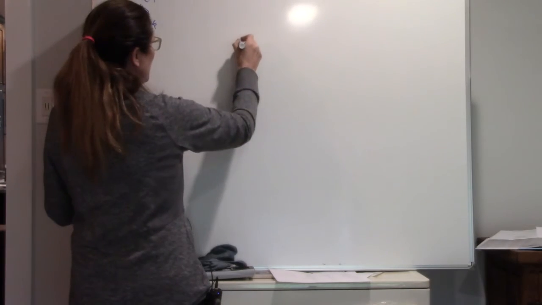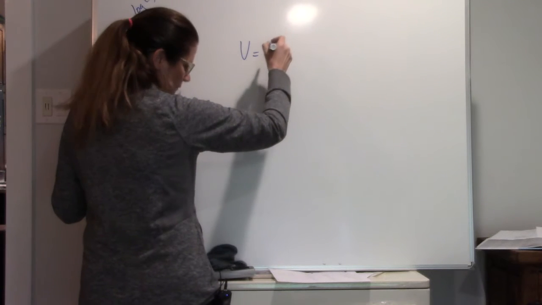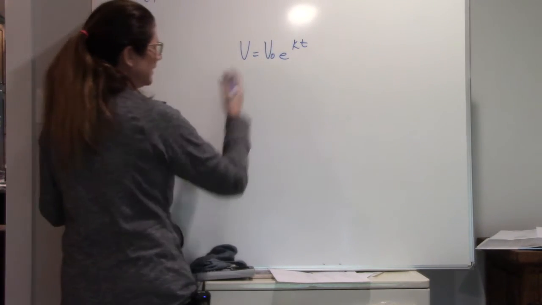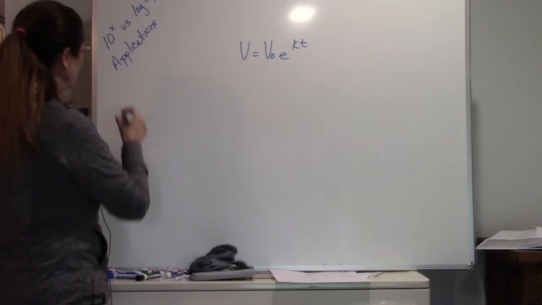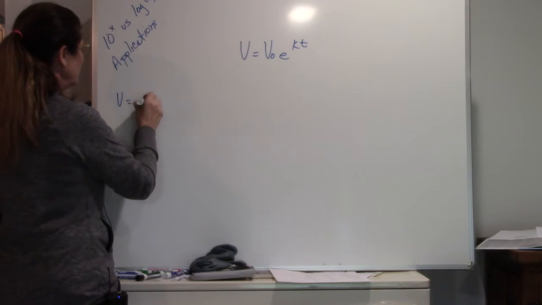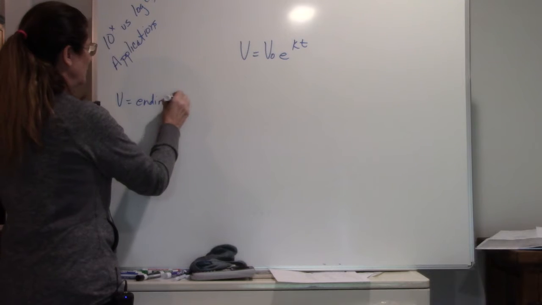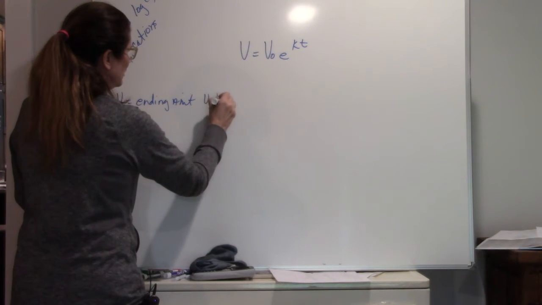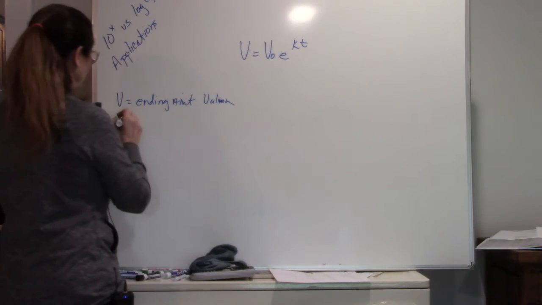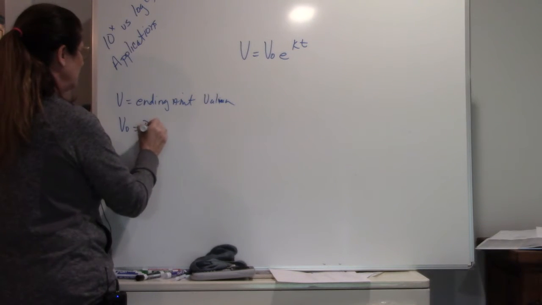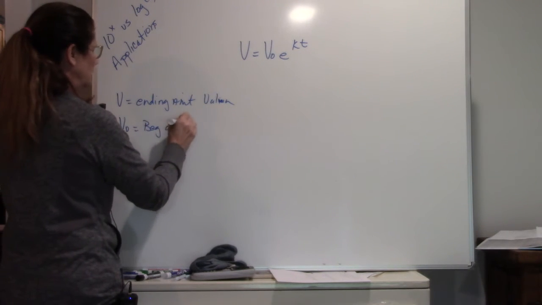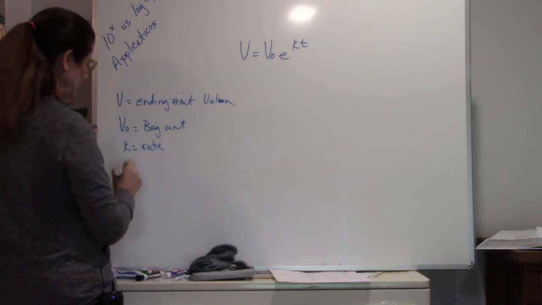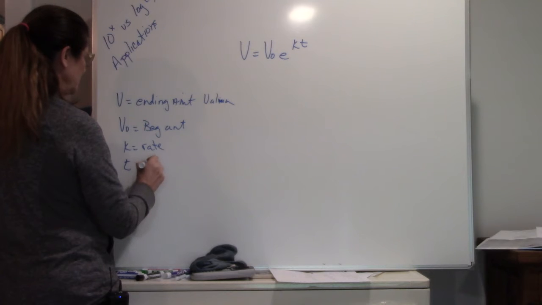Okay, so we have a model. V equals V sub O, E raised to the KT. Again, exact same setup. The V is the ending amount of volume. VO is the beginning amount. K is the rate of decay. And T is the time.